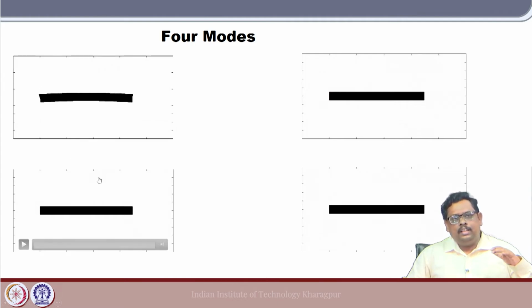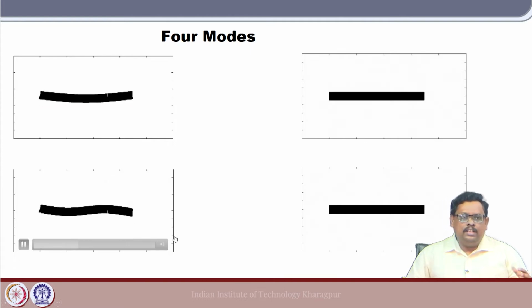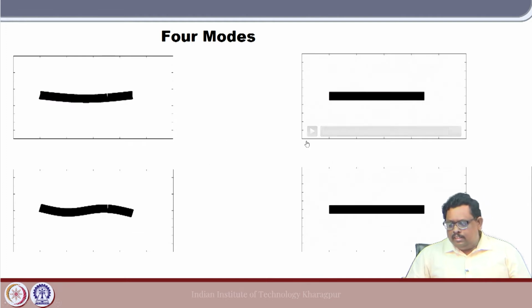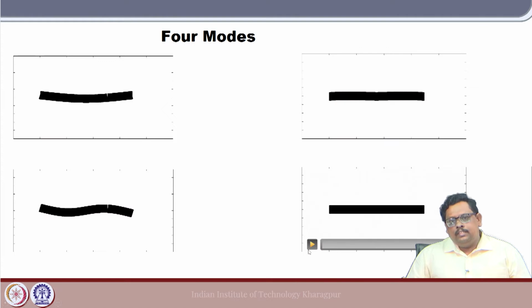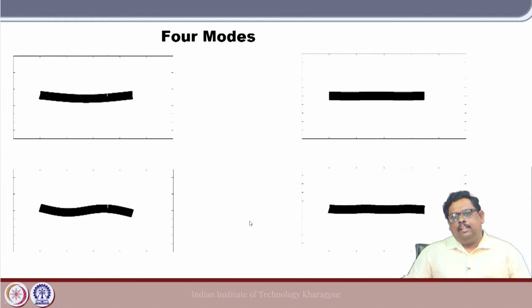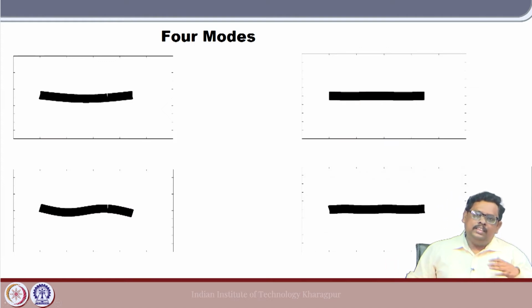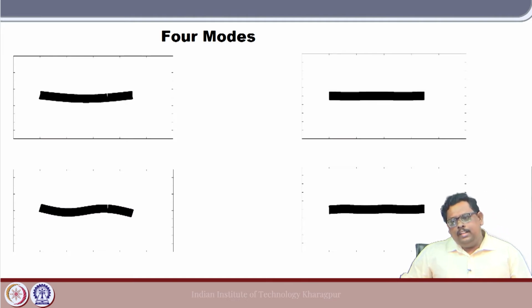The structure can oscillate in this fashion, and also in this fashion, and also in this fashion, and in this way also. This is what we call the mode shapes, or how a structure can oscillate and deflect.